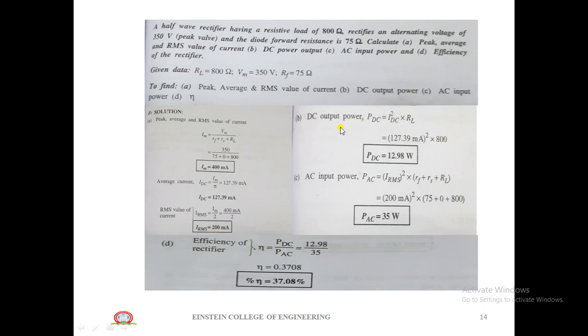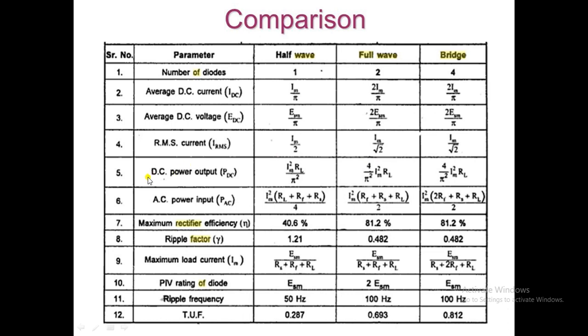Next, we are going to find the DC output power. DC output power, PDC, is equal to IDC square into RL. Both values are given, so we can find PDC. You can also use the equation Im square RL by pi square, and substitute the values.